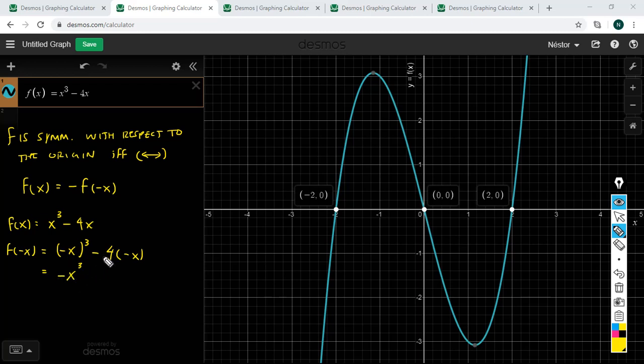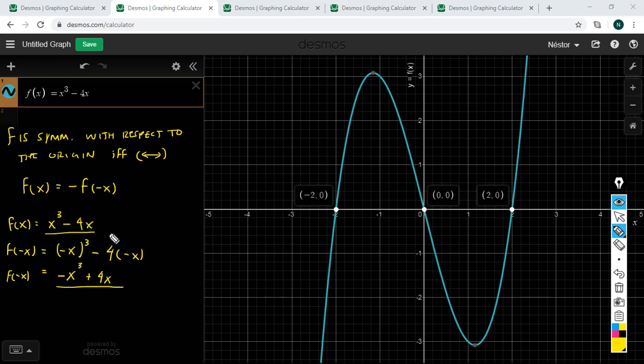And then we have minus 4 times minus x. You will get plus 4x. So this is f of minus x, all of this. So clearly, f of x, which is all of this, and f of minus x, which is all of this, they don't look the same.